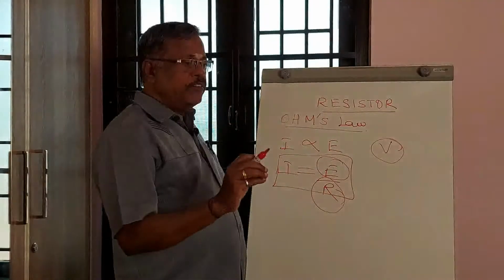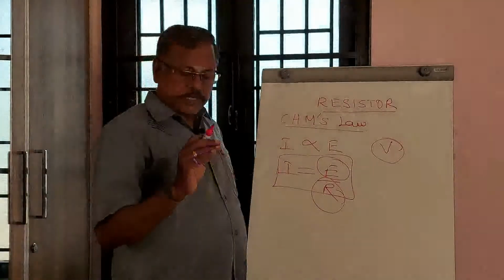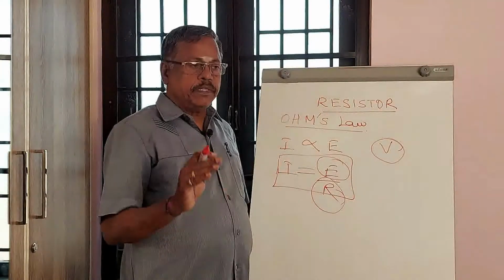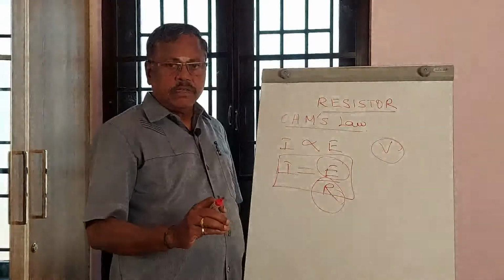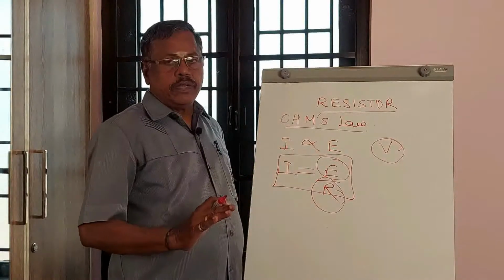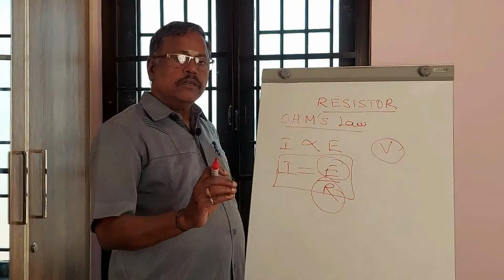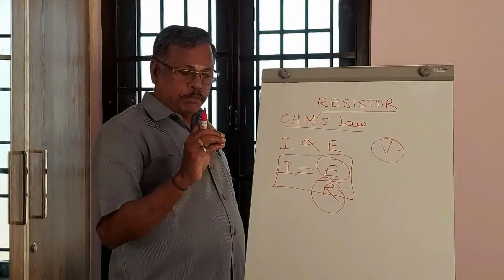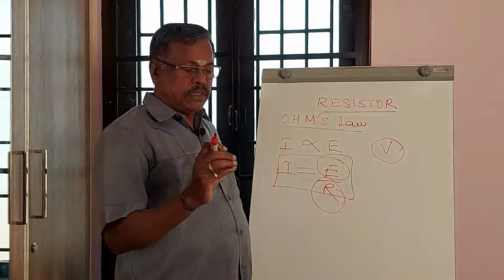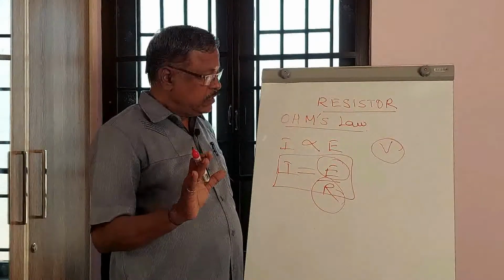If we wrongly connect a resistor in a circuit and the current exceeds the limit set by the wattage of that resistor, then the resistor may be spoiled. Therefore, we have to design a circuit with a resistor, thinking about how much power is going to be dissipated across the resistor and how much current is going to flow through it.